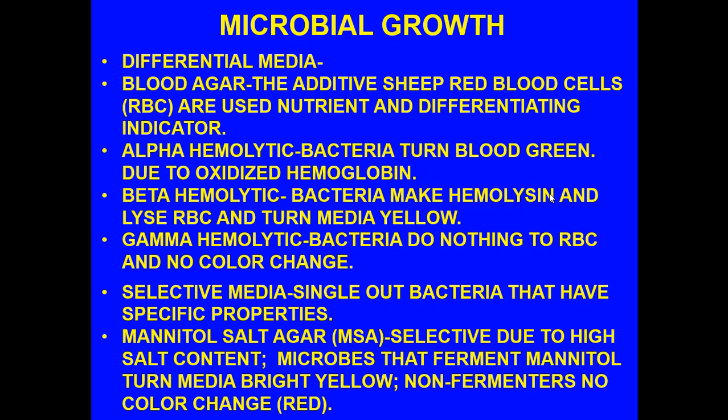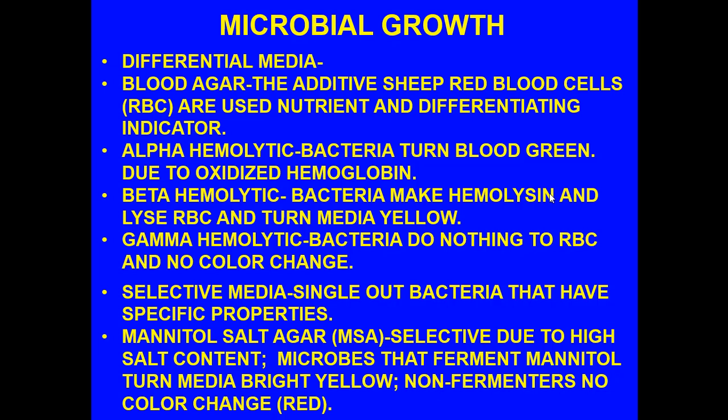Let's take a look at each one of them. Alpha hemolytic, the bacteria turn the blood green, and this is due to oxidizing the hemoglobin. Beta hemolytic, the bacteria make hemolysin, and they lyse the red blood cells and turn the media yellow. Gamma hemolytic, the bacteria do absolutely nothing to the red blood cells, and there's no color change.